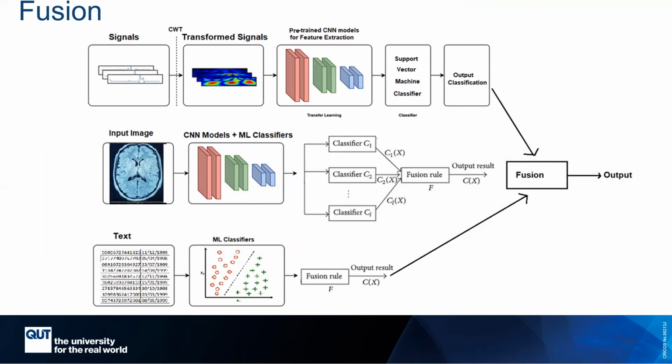Or maybe the task has different types of data, and you can do a fusion by working on signals and coming up with a classification, or working on MRI and coming up with a classification, and then text data, numeric data, whatever you have, and then come up with the three decisions and do fusion, with different ways of fusion, to come up with the final decision.